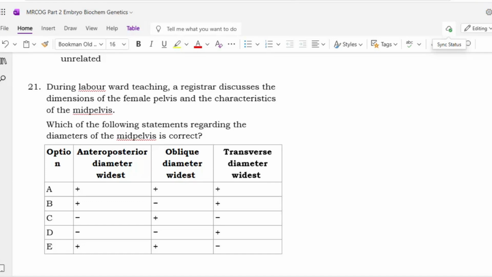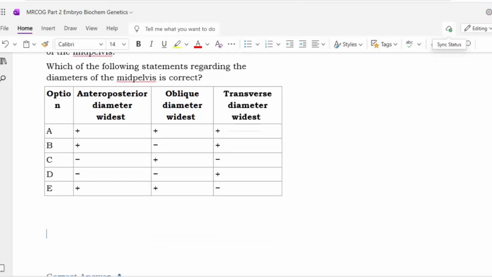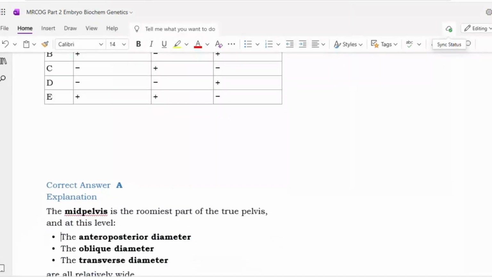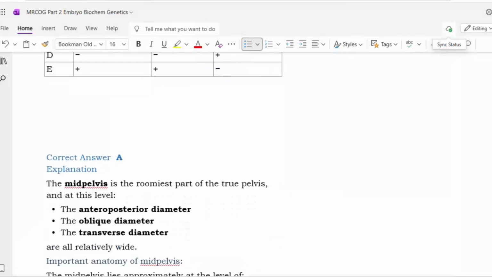All three are equal, so 12 centimeter actually in the mid-pelvis. So option A, because all are the same and all are wide in the mid pelvis. At the outlet and at the inlet it is different.